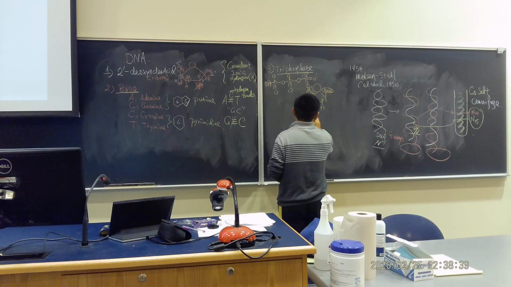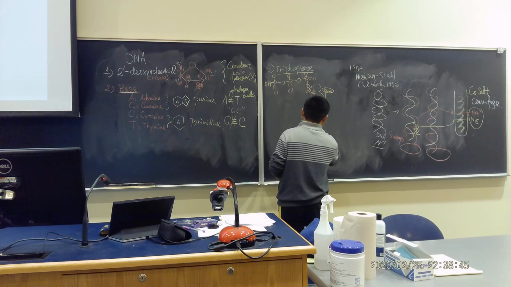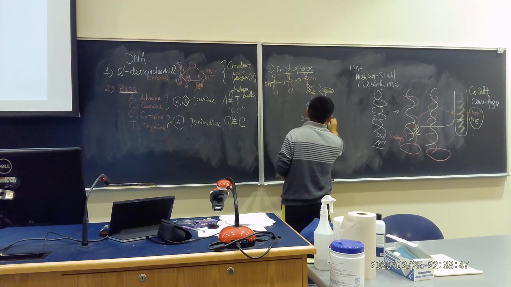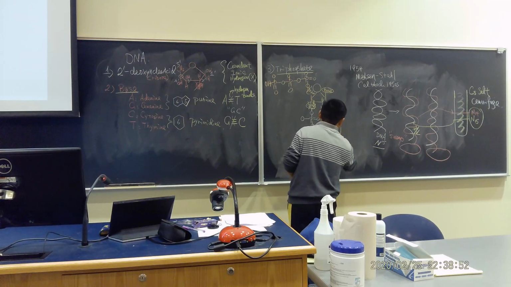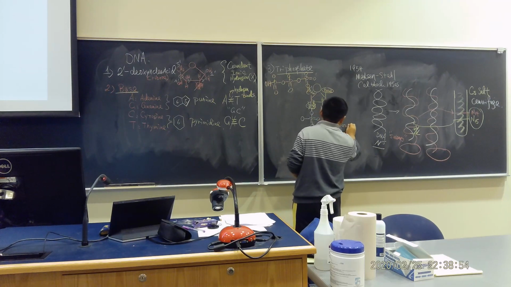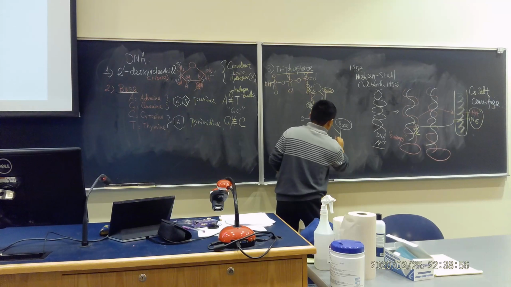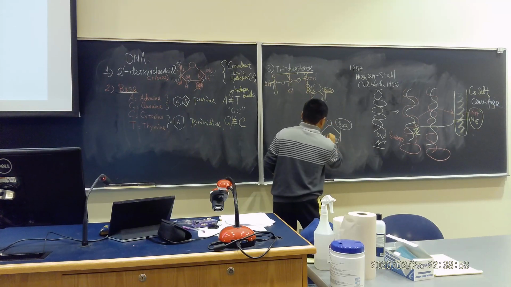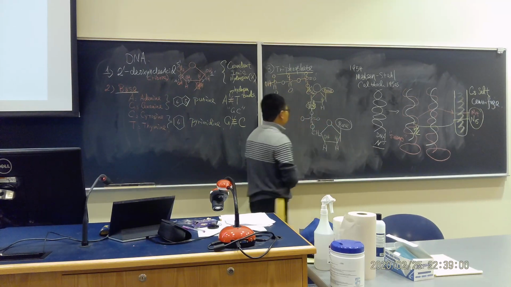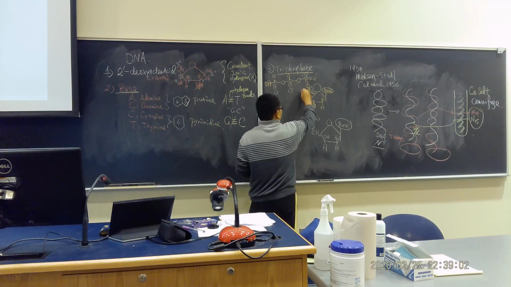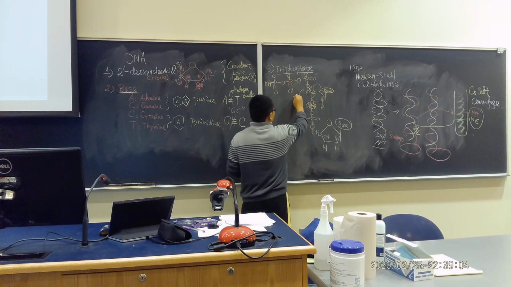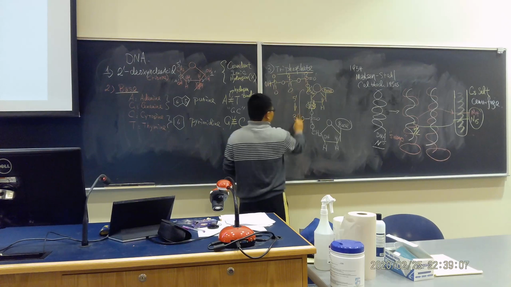O goes P, then goes CH2, goes here, and this is the base, and then goes H. So what they do, they go this way, is that right? 5 prime to 3 prime.